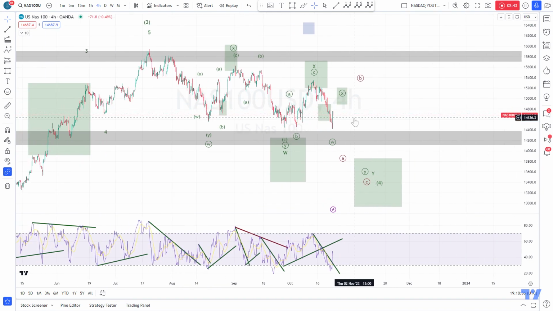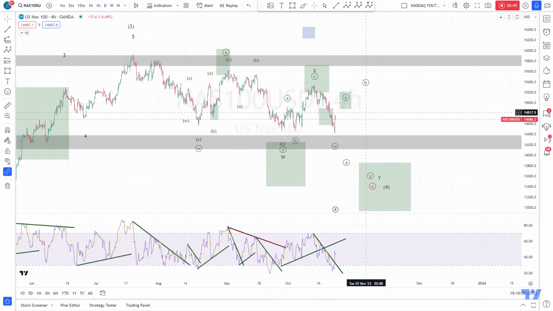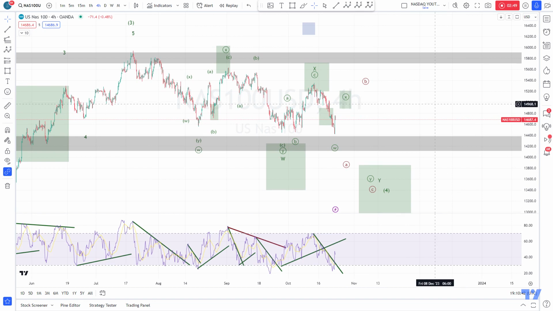And so what could happen? It's not on my chart yet, but I would not be surprised if this plays out, that we get an expanded flat structure here, that from here we get an impulsive structure up, even taking out this high right here.